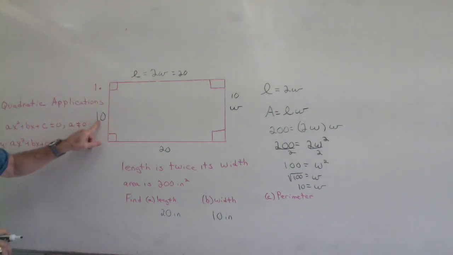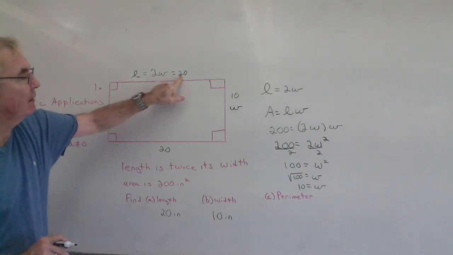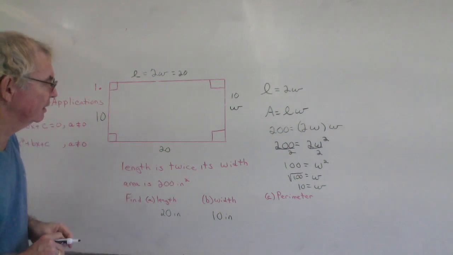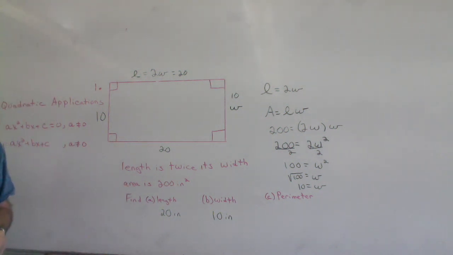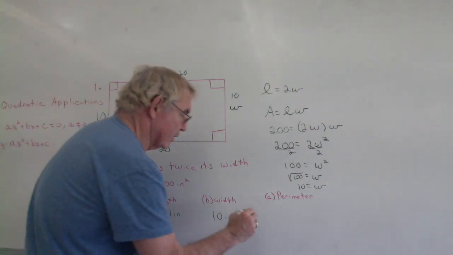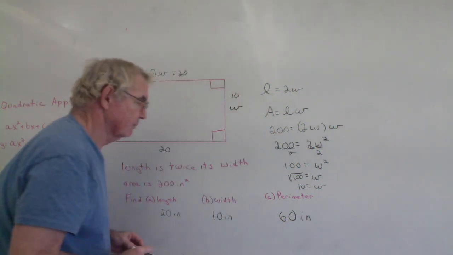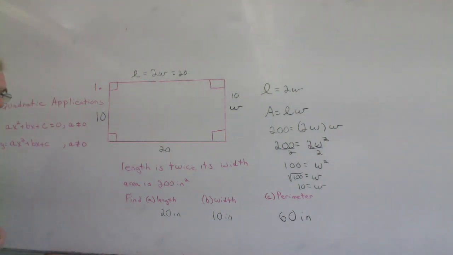So we have 10 plus 20 plus another 10 plus another 20, which is 60. The perimeter is 60 inches. Hopefully you understand this, and that's our first example of how we can use quadratics to solve applications. Let's shift to our second example.